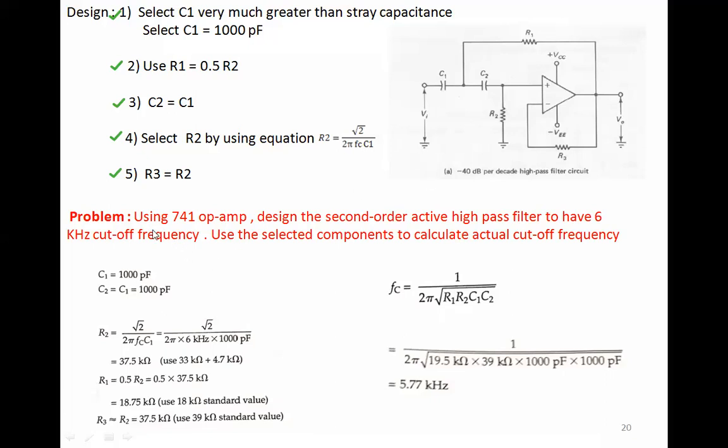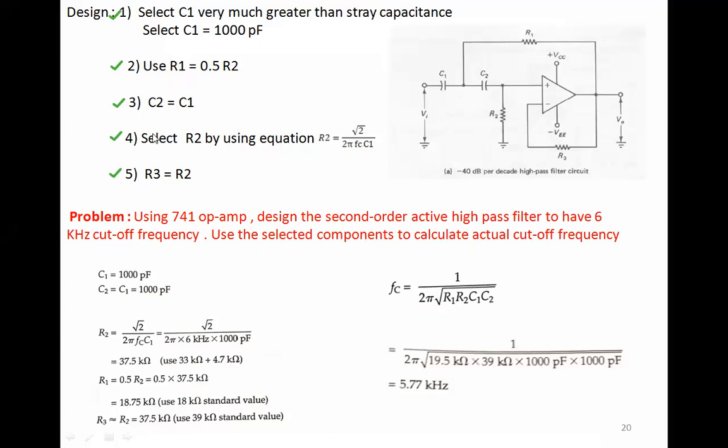So we'll solve a problem here using 741 op-amp. Design the second order active high pass filter to have 6 kilohertz cutoff frequency. So FC is going to be 6. Use the selected components to calculate the actual cutoff frequency. So it's going to change from 6, so we will recalculate that FC. C1 is taken, then C2 and C1 is 1000.